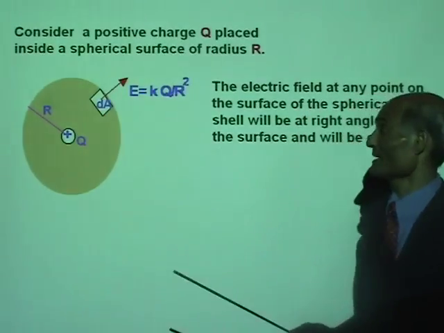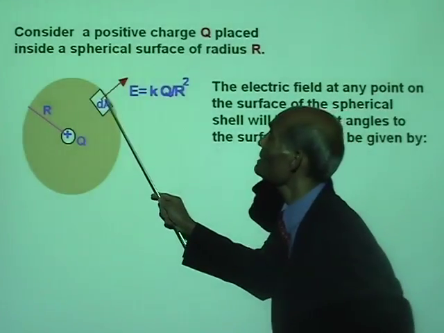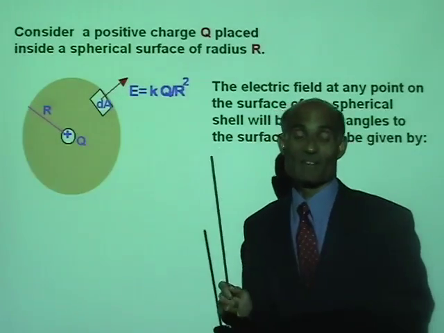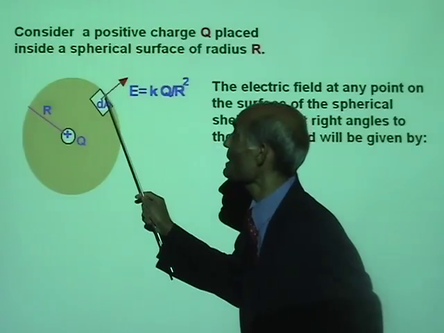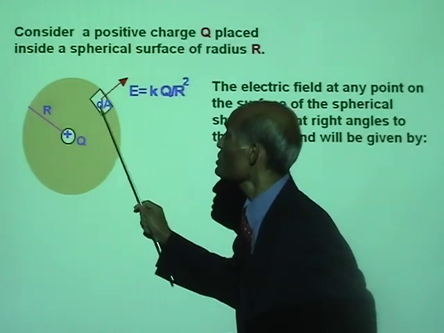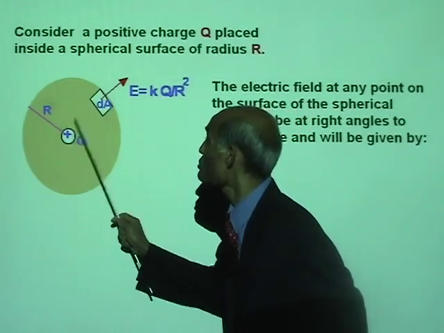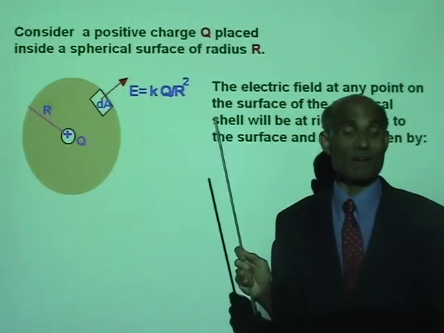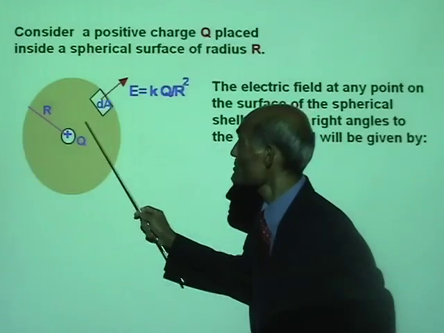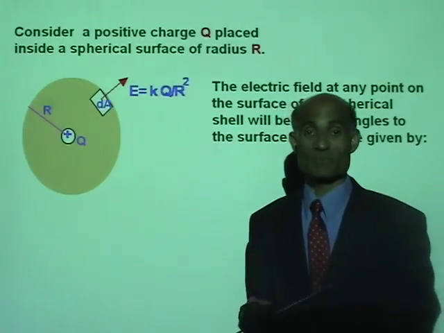So the electric field at any point on the surface will be at right angles to the surface and will be given by, can you tell me what will be the electric field at that point? If you remember the basic equation, the electric field at a point distance r from a charge q is kq over r squared. Is that right? Here r is the radius of the spherical surface.